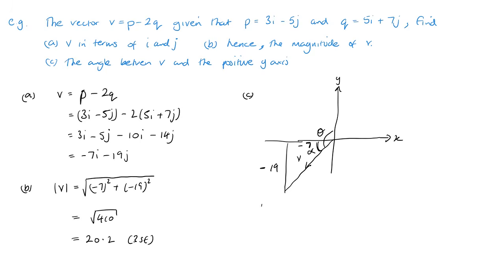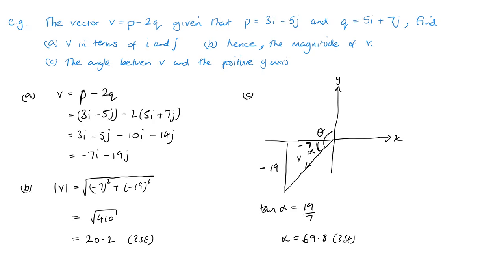So to find alpha, I want tan alpha equals, now it's opposite over adjacent, so that's 19 over 7, inverse tan of that, and I get 69.8 to 3 significant figures.